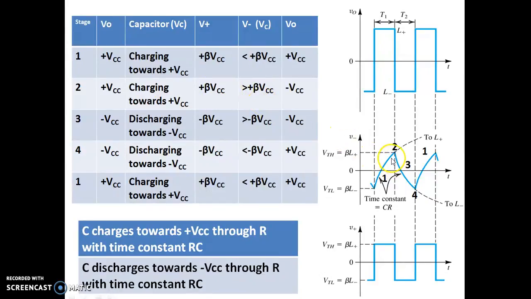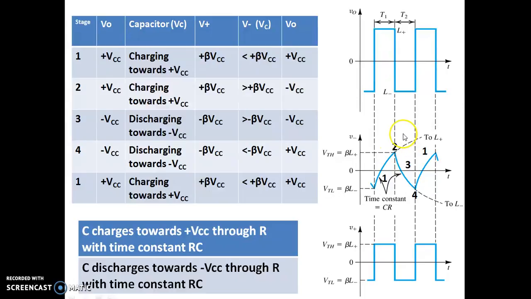If the capacitor voltage becomes slightly greater than beta VCC, then V minus becomes more than V plus. Whenever V minus becomes greater than V plus, the output makes a transition from plus Vsat to minus Vsat. That's what is happening at stage 2.